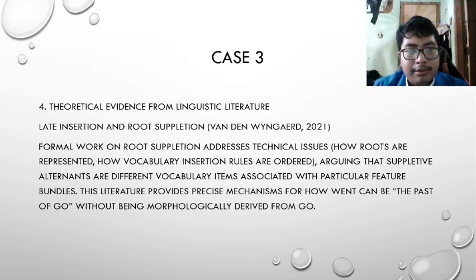Formal work on root suppletion addresses technical issues: how roots are represented and how vocabulary insertion rules are ordered, arguing that suppletive alternants are different vocabulary items associated with a particular feature bundle. This literature provides a precise mechanism for how went can be the past of go without being morphologically derived from go.